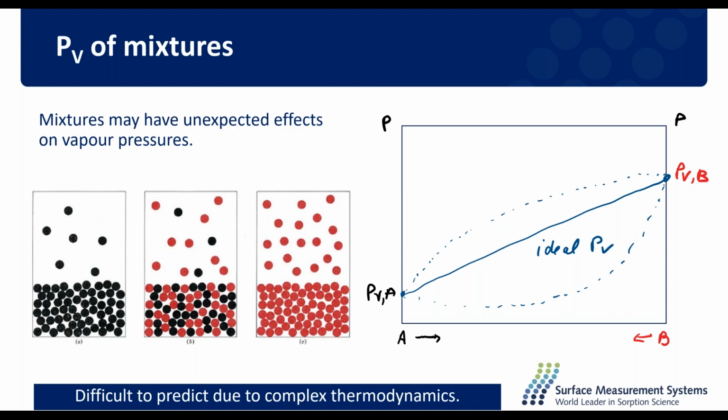We can think of a mixture of two liquids, A and B, and intuitively one might say that the vapor pressure of a mixture of two compounds is a linear contribution between the vapor pressure of A and the vapor pressure of B. But this is not the case, as non-ideal effects can cause significant deviations from this line. So one might find a vapor pressure curve as the mixture ratio increases, something along the lines of this, lower than the ideal or even higher than the ideal. It is very difficult to predict due to the complex thermodynamics involved.